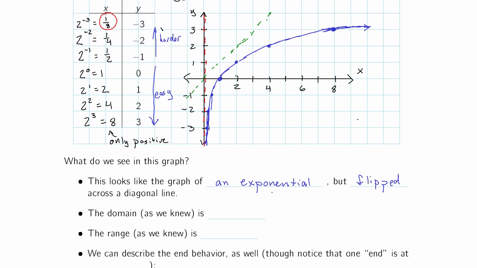We already knew, but we can see this on the graph now, that the domain is all positive numbers. We can also see on the graph that the range is all real numbers. And we can also describe the end behavior, except that what we mean by end here is a little bit different.